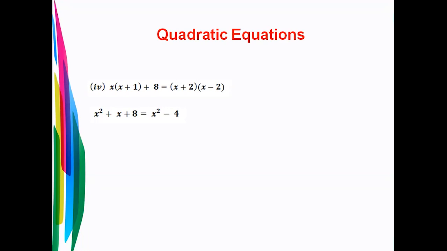X square gets cancelled. So I am left with x plus 8 equal to minus 4. On solving, I get x plus 12 equal to 0. Now this equation is not of the form ax square plus bx plus c equal to 0. Therefore it is not a quadratic equation.